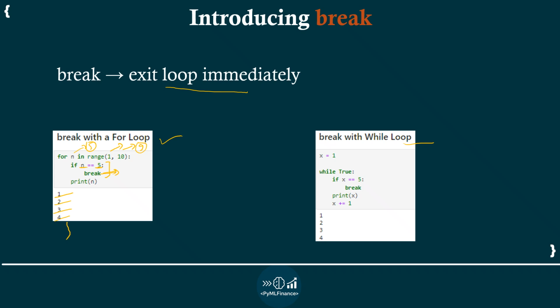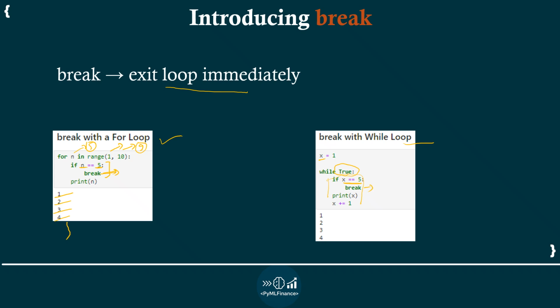Now let's see break with a while loop. This loop would normally run forever, because here the condition is always true. If we ignore the break, this loop is going to run infinitely. But here we have inserted a condition: whenever the value of x becomes 5, we want to break the loop.